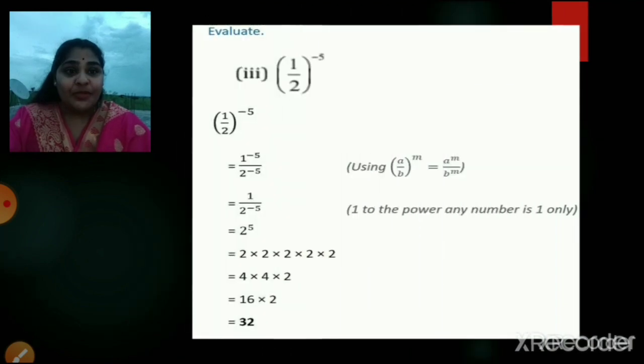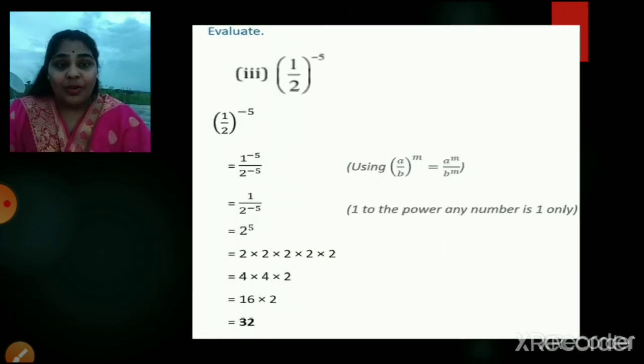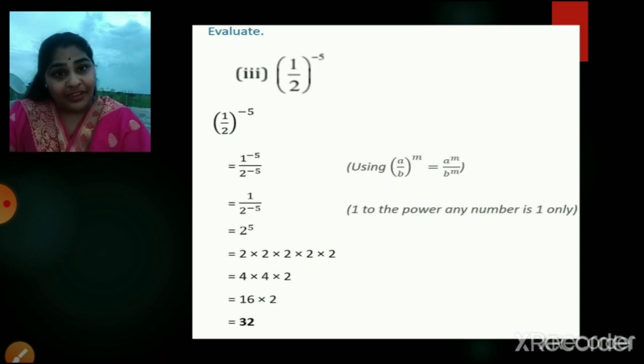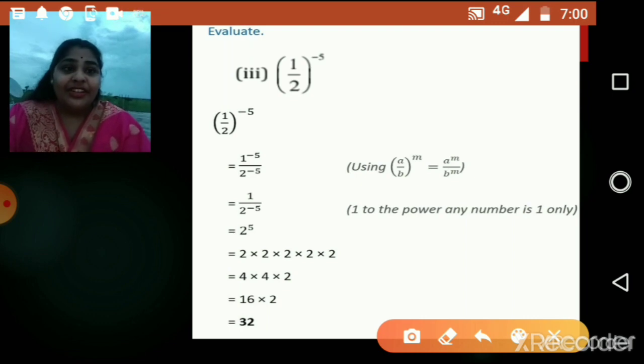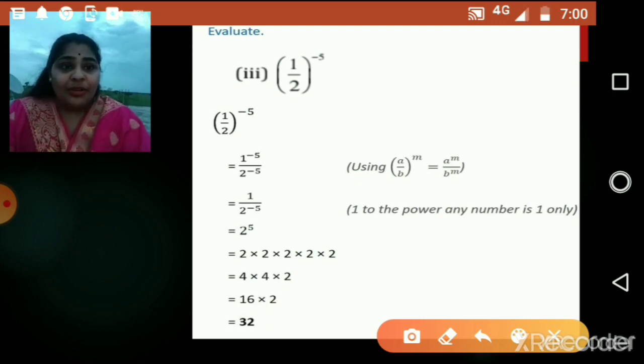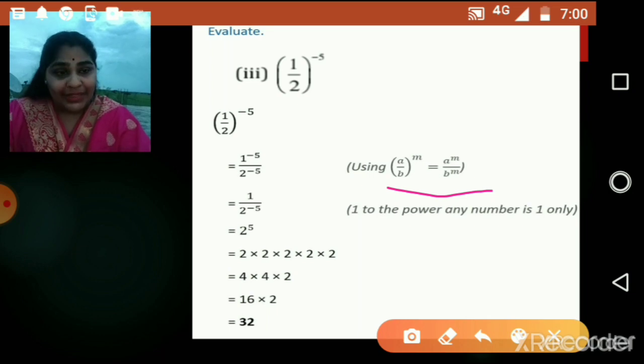Let us proceed. Now evaluate 1 upon 2 whole to the power negative 5. Now see here, children. Using the rule a upon b whole raised to m is equal to a raised to m upon b raised to m.